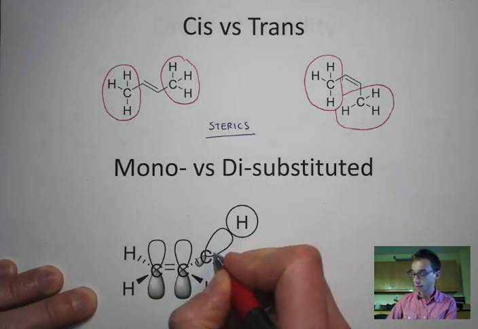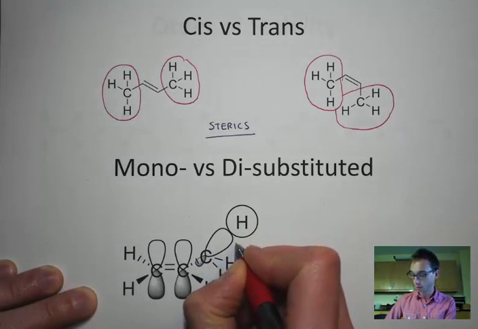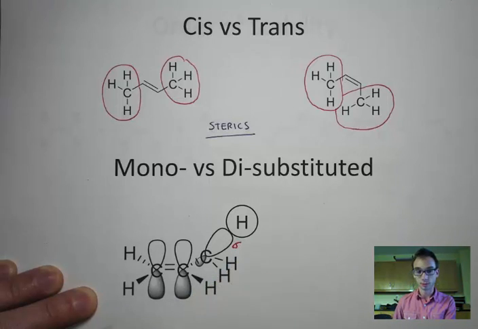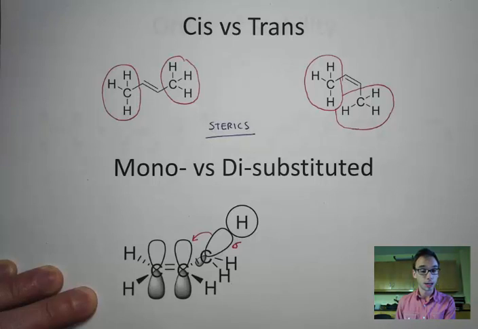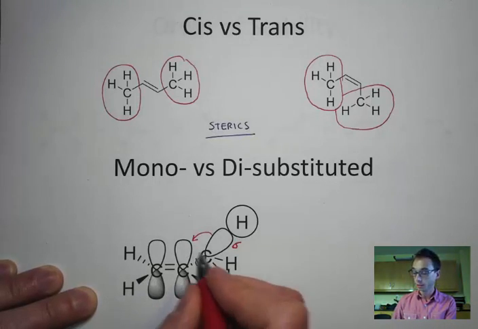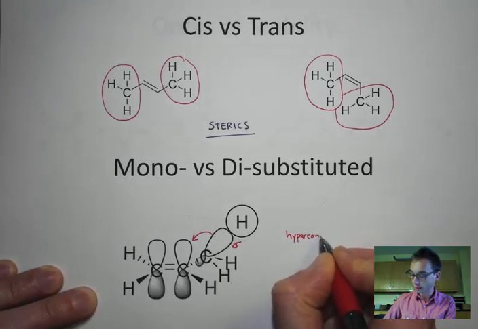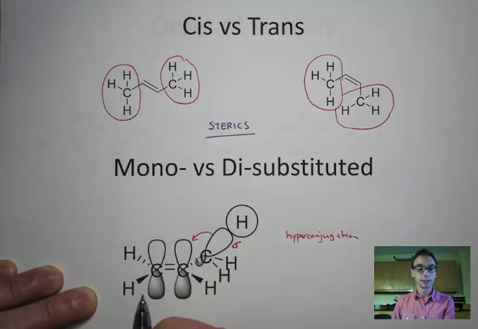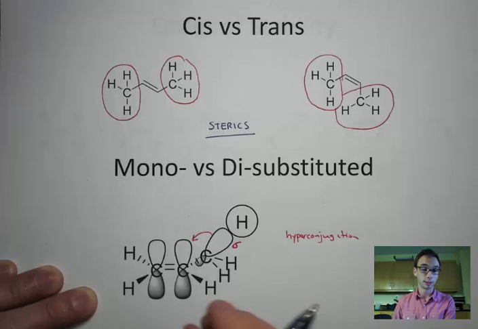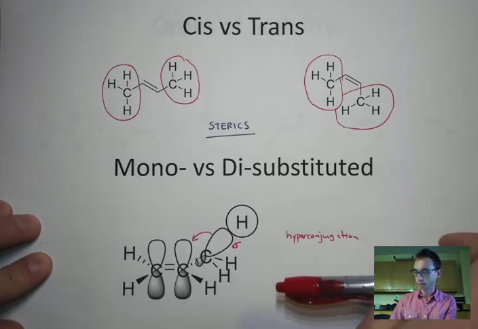These orbitals that are between the carbon and the hydrogen, these sigma orbitals, this is a sigma bonding orbital, can donate electrons into the pi orbital of the alkene, which is a stabilizing factor. So what ends up happening is that hyperconjugation will increase the stability of substituted alkenes. So the more substituted your alkene is, the more stable it is.